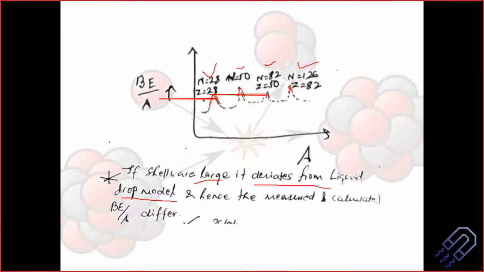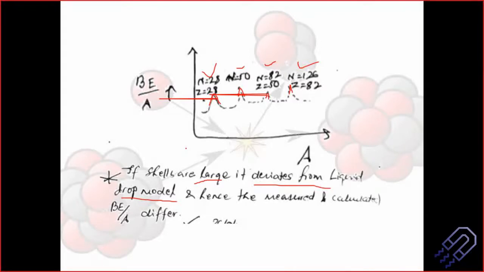But when we go to larger and larger atomic numbers, the number of protons and the number of neutrons keep increasing, and we cannot use the liquid drop model because it doesn't explain it fully. So then we need to go into a different model, which is the shell model. The liquid drop model came well before the shell model. But since it could not explain, scientists tried to understand what exactly is happening, quantum mechanics started developing, and then the shell model was more or less validated.